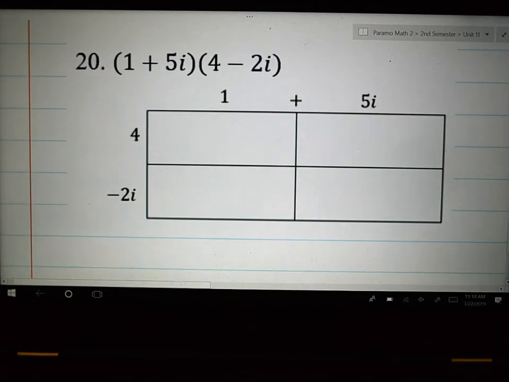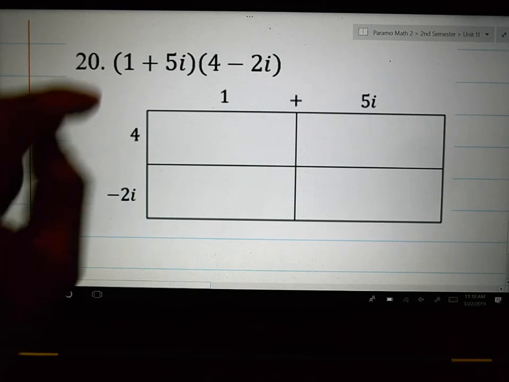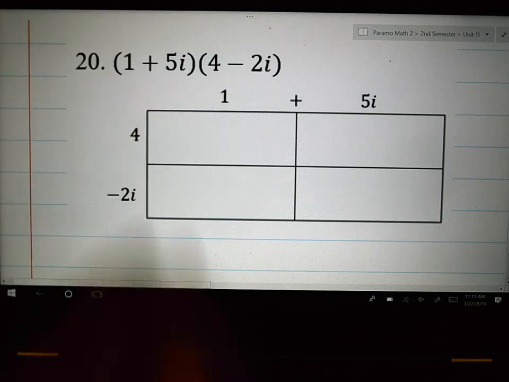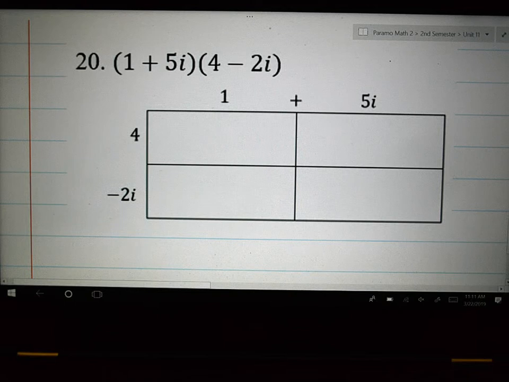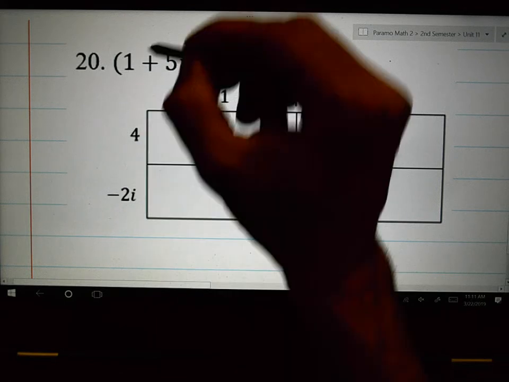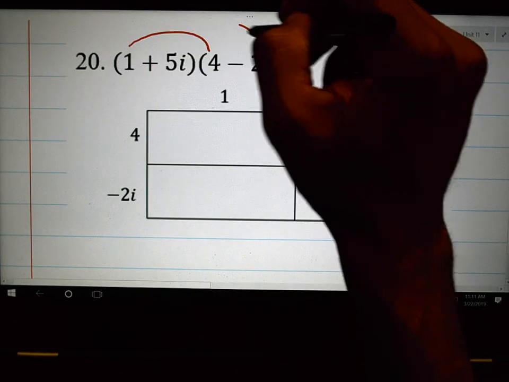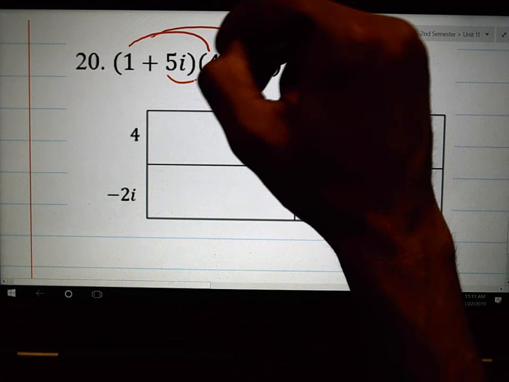I have 2 more examples and then we'll be done. They want you to look at a product, binomial times a binomial with imaginary numbers. They even put it in the area model just so you could see it. You could do it this way, or you can do it this way.